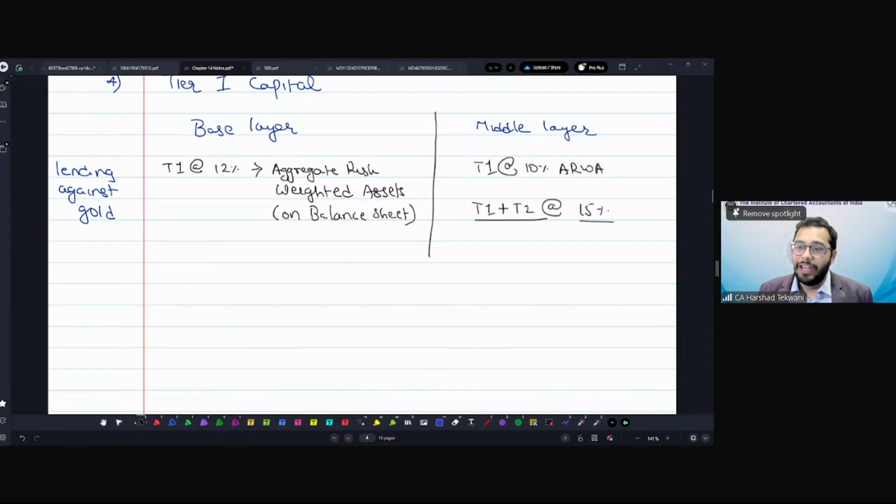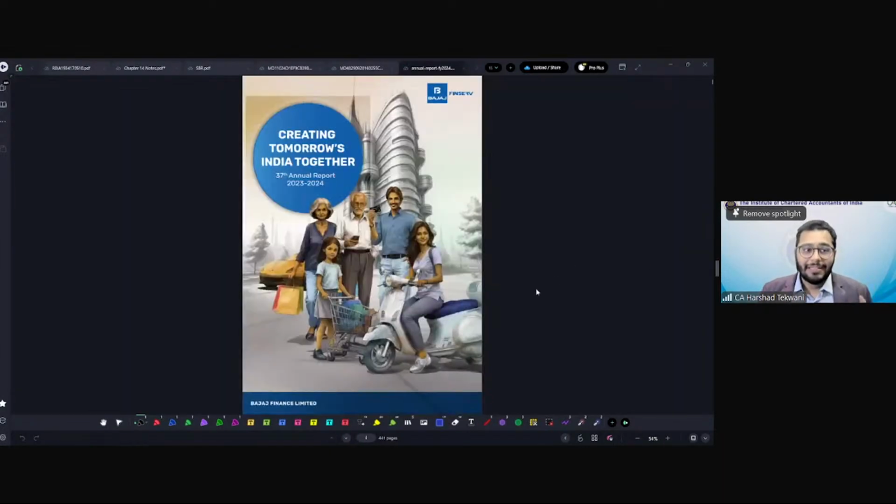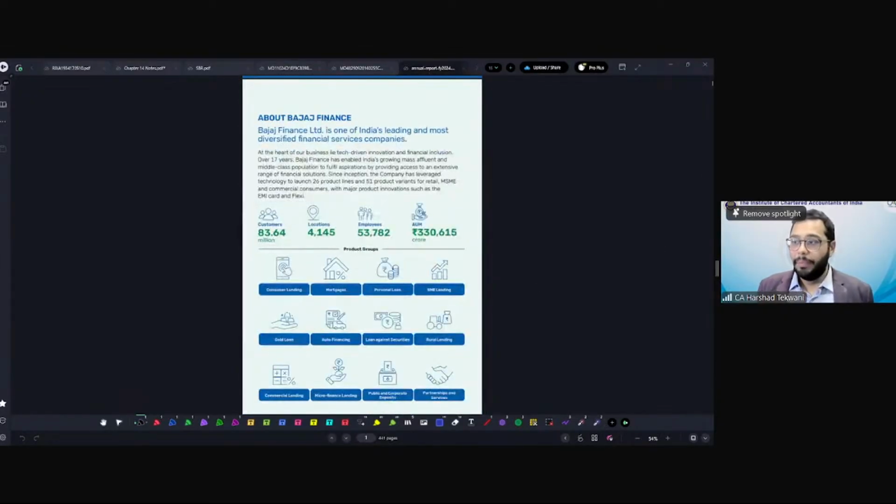So what we'll do is we will refer to an annual report of an NBFC. Just don't go on the name. Its data is available in the public domain, and we will see how this particular thing is reported in the annual report, so that we can understand what is tier 1 capital and how they have maintained it.